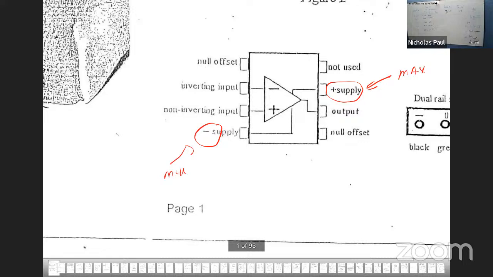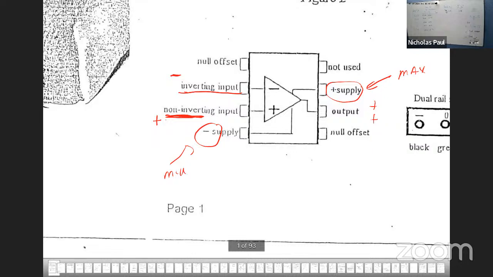Then you have two types of input, inverting input. What that means is that if I give you an input as negative, the output will invert it. If I give you an input that's positive and it goes into the non-inverting, it stays positive. So it's important you understand which type of input we're using.